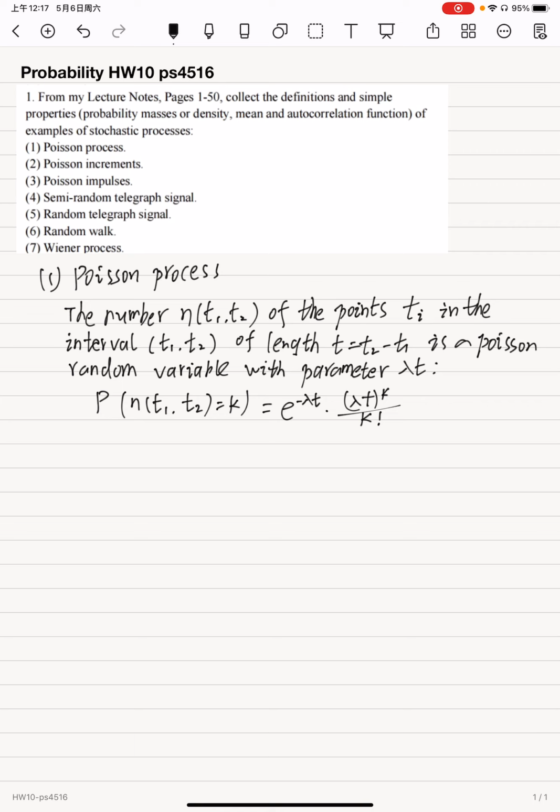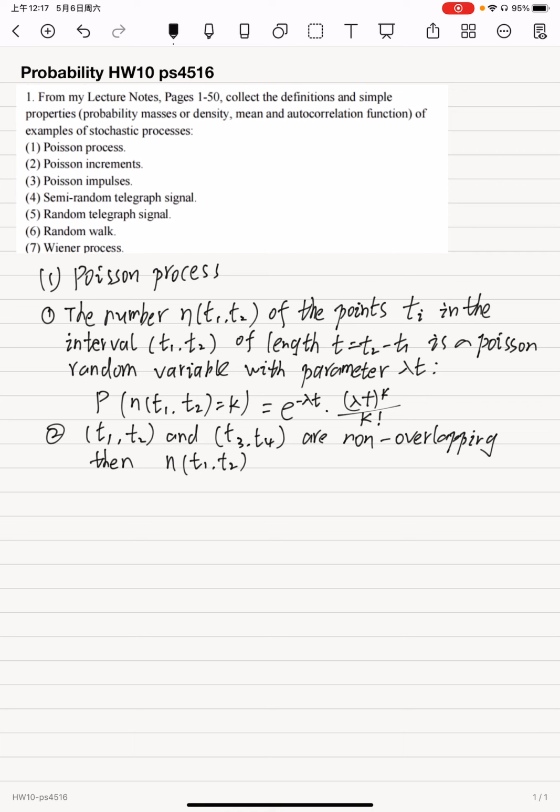And here is the first situation. The second one is that if the intervals (t1, t2) and (t3, t4) are non-overlapping, then the random variables n(t1, t2) and n(t3, t4) are independent.